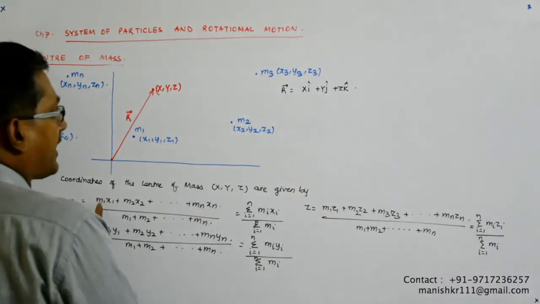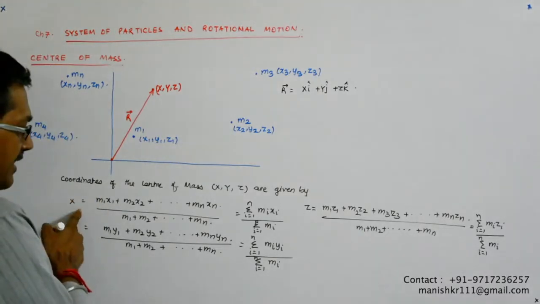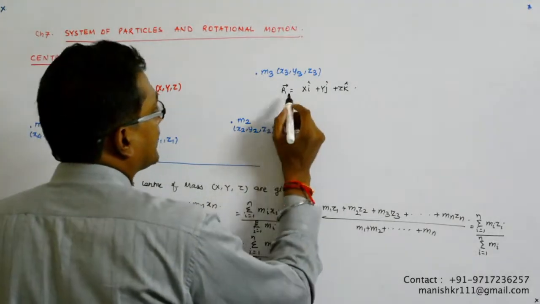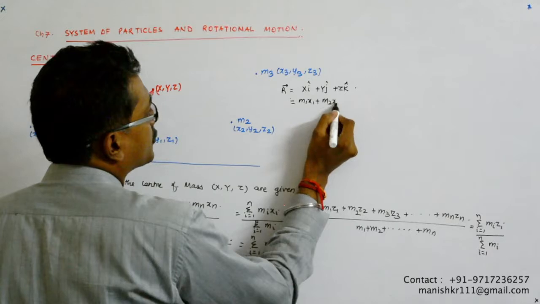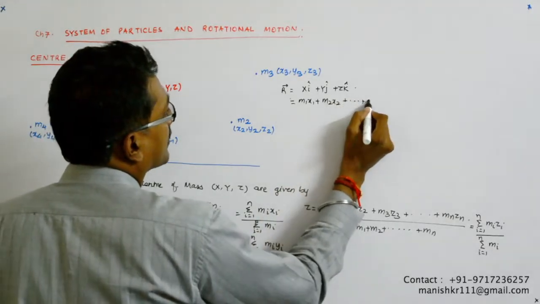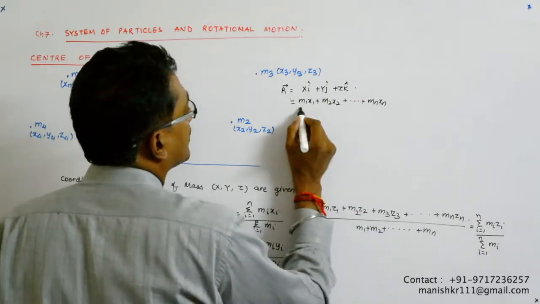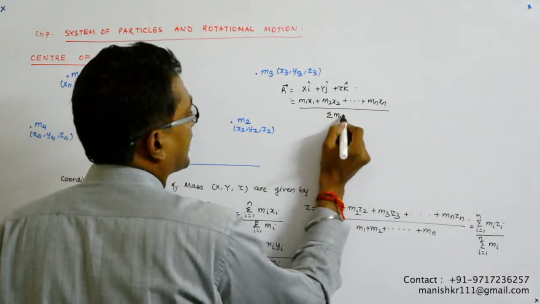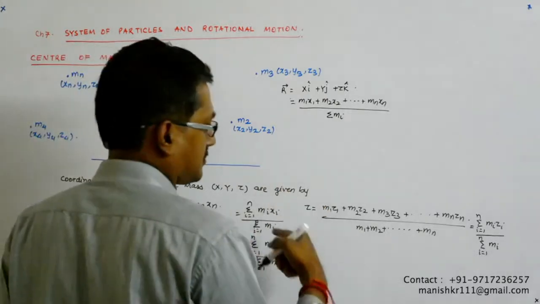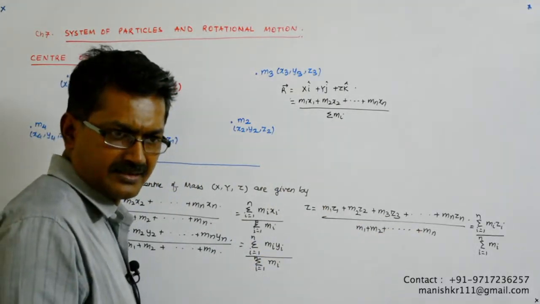Now, if I do that and I write these values, then it is m1 x1 plus m2 x2 plus mn xn upon summation mi, instead of writing this whole thing, and the denominator is the same in all the cases.